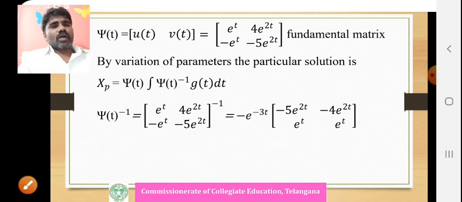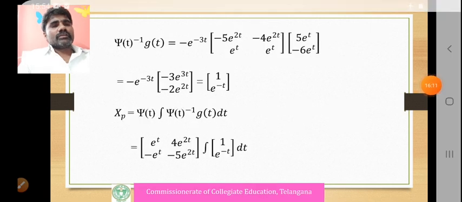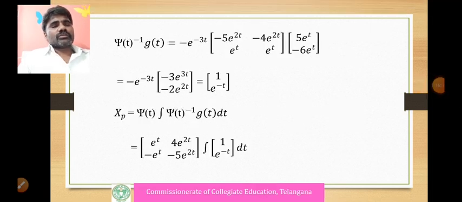Now after that, psi inverse of t into g of t is equal to psi inverse of t, which is minus e^(-3t), into g of t, which is 5 e^t, 6 e^t.